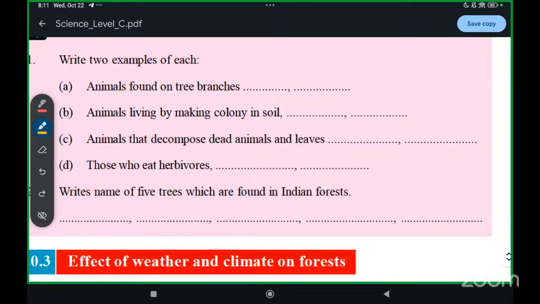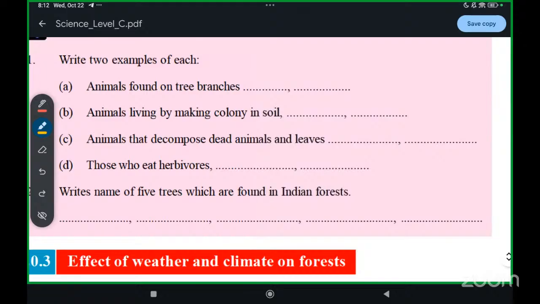Animals that decompose dead animals and leaves? Fungi and bacteria.